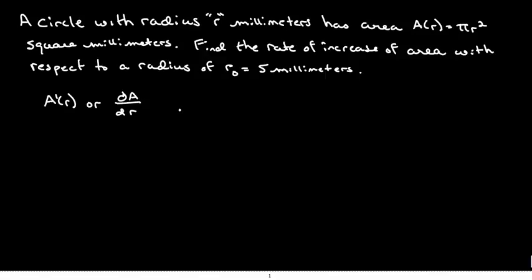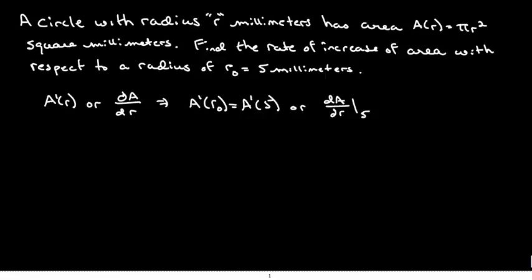So what we really want to find is A prime at r naught, which is A prime at 5. Or another way of looking at that for notation is we want dA dr evaluated at 5. That's what we're looking for.